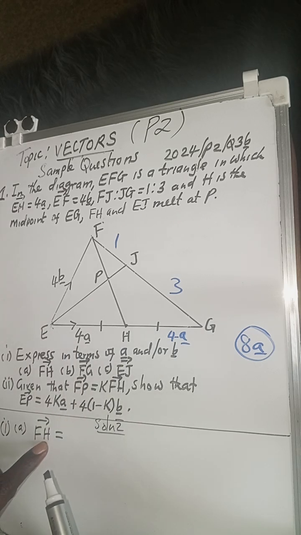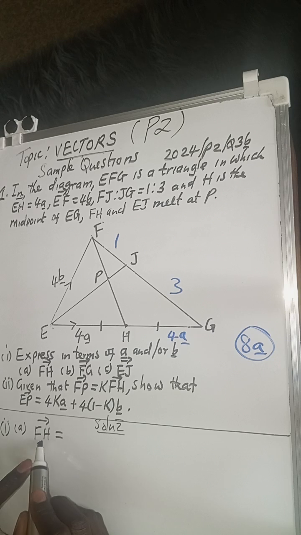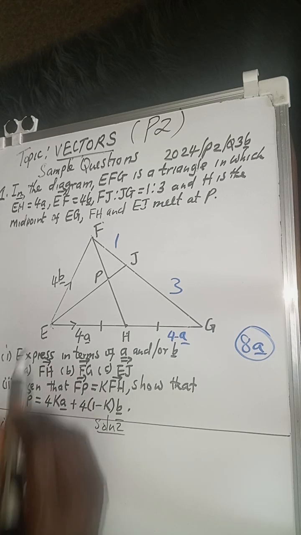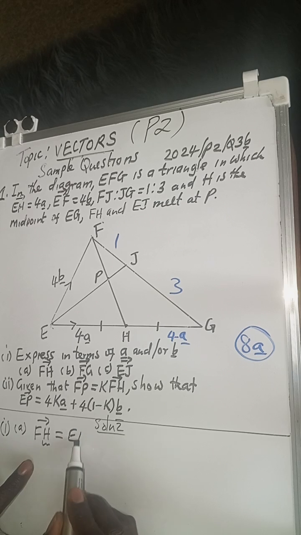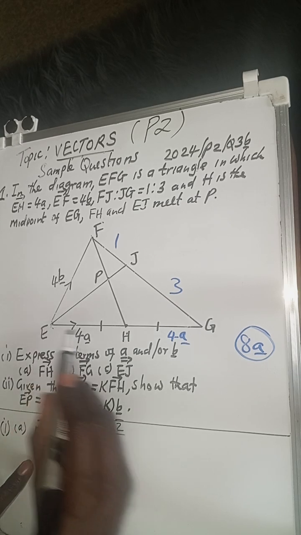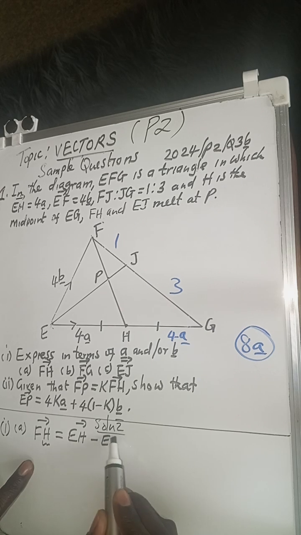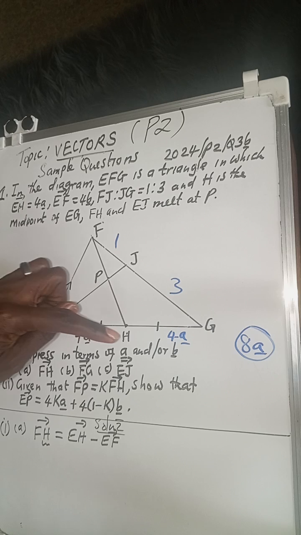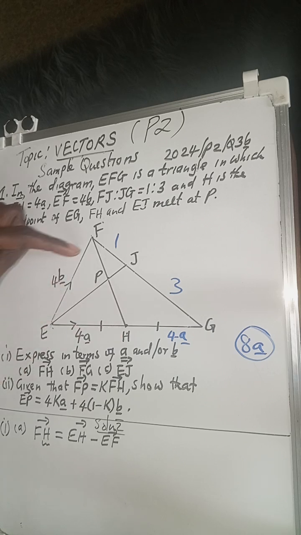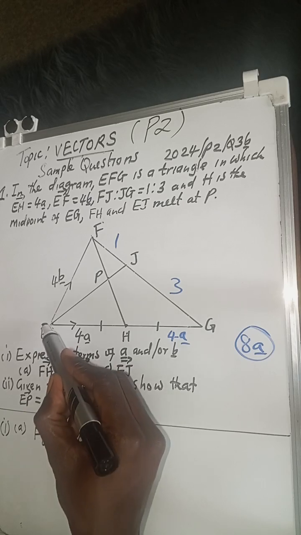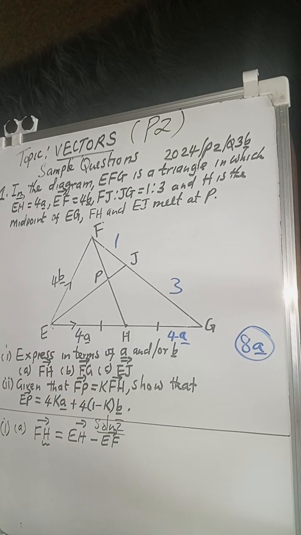Because it's not starting from the origin, you start from E. So it will be EH, because that EH is positive, minus EF. So it's EH minus EF, because you need to move FE combined with EH.